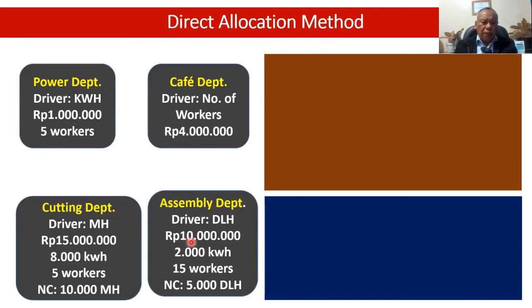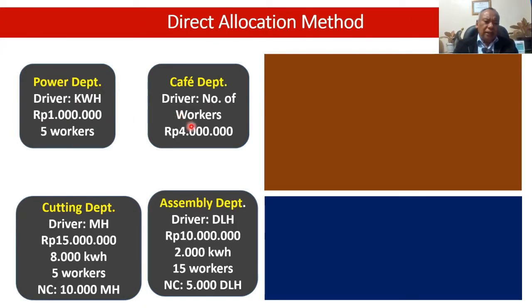How do we find these numbers? We use the direct cost concept, that is, costs classified by traceability: direct costs and indirect costs. Costs that can be easily and accurately traced to each department, we classify as direct costs.